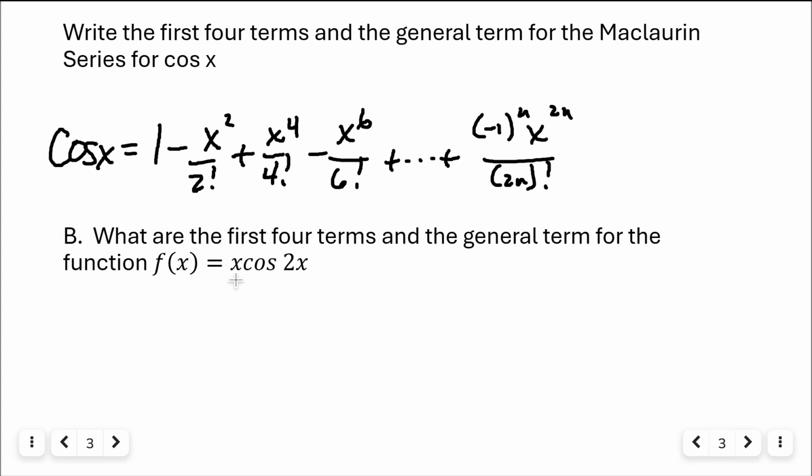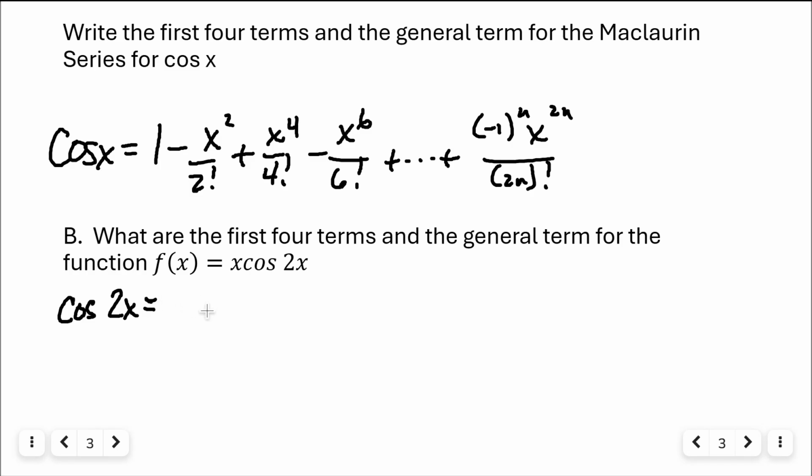Okay, now, what are the first 4 terms in the general term for the function x cosine 2x? All right, so what's the difference between cosine x and x cosine 2x? So let's do this. I replaced x with 2x, and then there's an x that's being multiplied by that. So I'm going to do this in 2 steps. I'm going to start with cosine 2x.